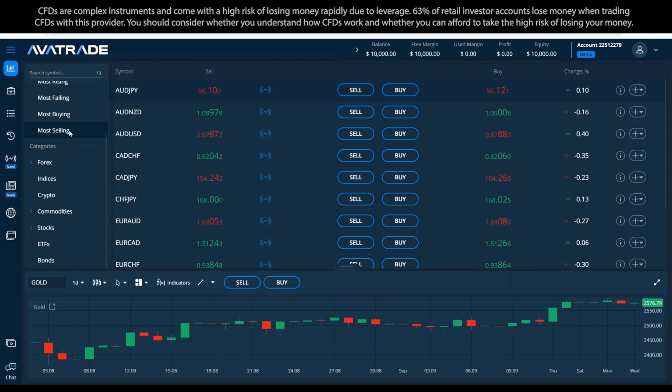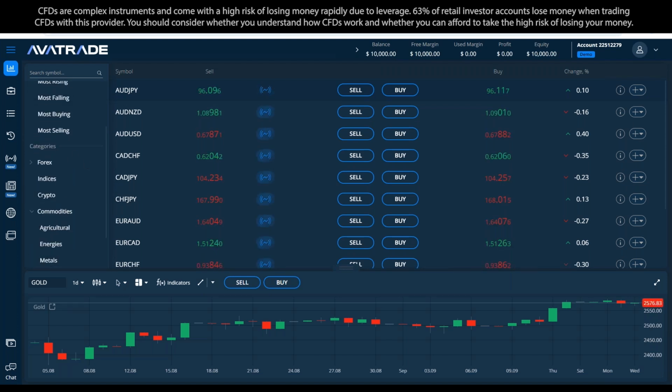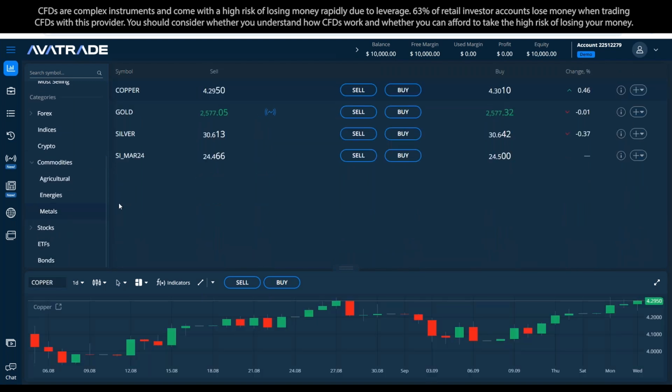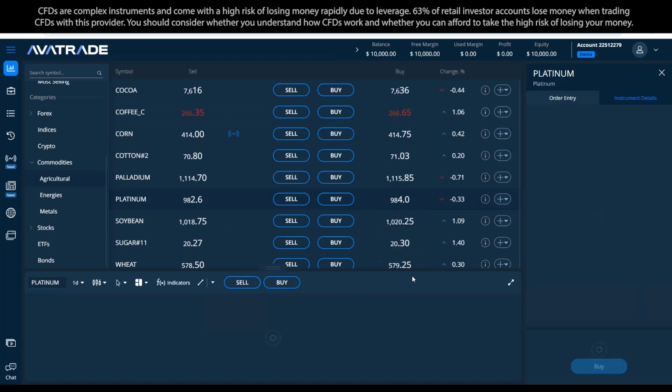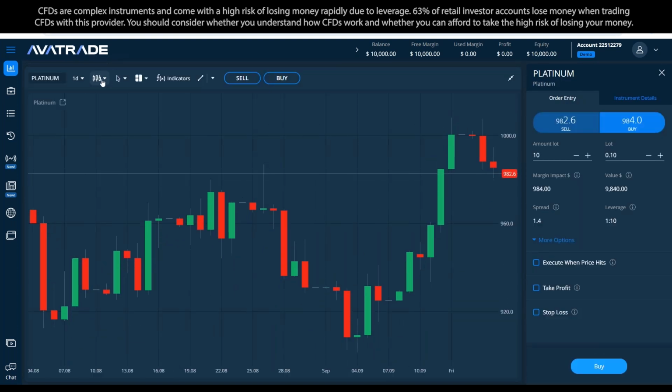So to find things manually, we have here the categories, okay? Let's click on commodities as an example. Actually, let's go with metals, but something a little different today. Palladium, maybe platinum. Yeah. All right.